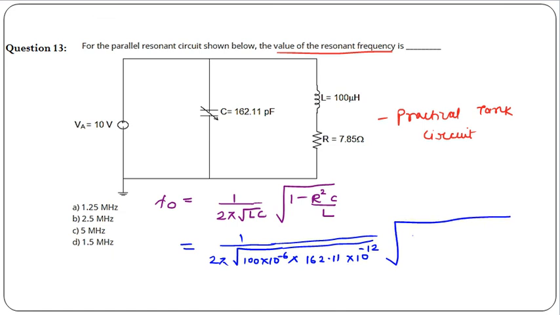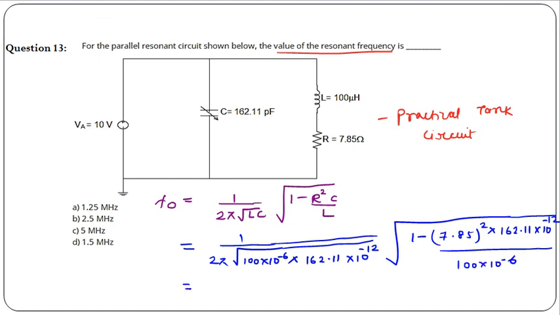Then we have square root of 1 minus R square, where the resistance value is 7.85 whole square, into the capacitance value 162.11 into 10 to the power minus 12, divided by the inductance value, that is 100 into 10 to the power minus 6. So we can simplify this. After simplification you will get the value of f naught as 1.25 megahertz. So this is the resonating frequency for this circuit. So option A is correct.